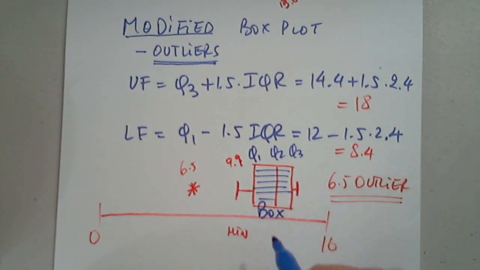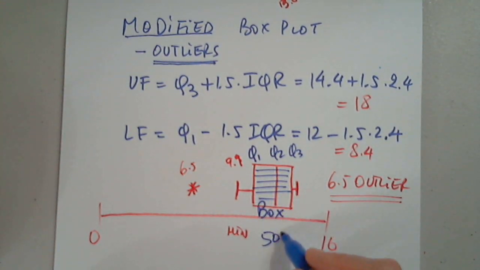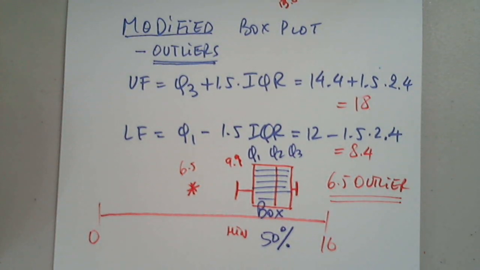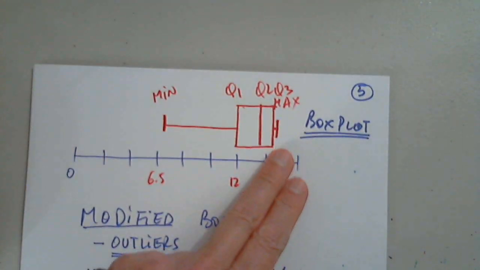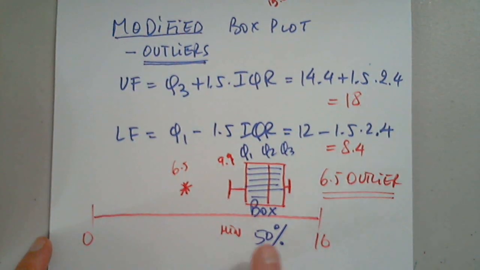This is the box. It still contains the middle 50% of the data set. So this is a box plot, but this is the so-called modified box plot that specifies the outliers. Okay, so I'm going to share my screen and show you the box plot.